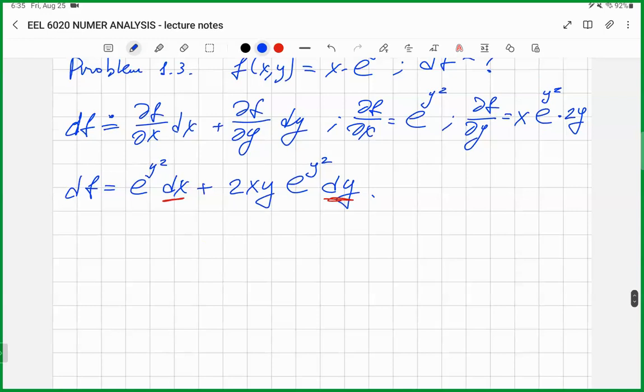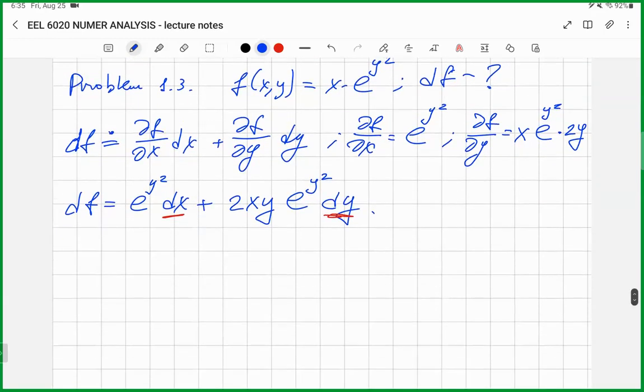No, if we look at the line before the last, this is for differential. Let me repeat this point once again. This is not a derivative, this is a differential. This is the function of several arguments, x and y.